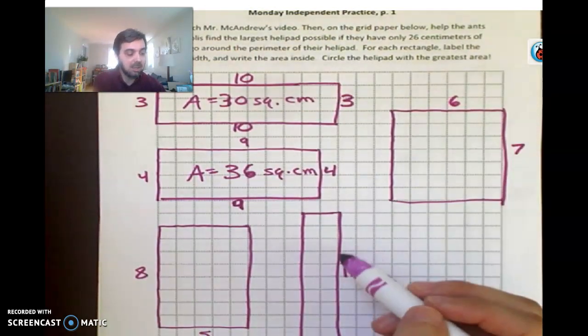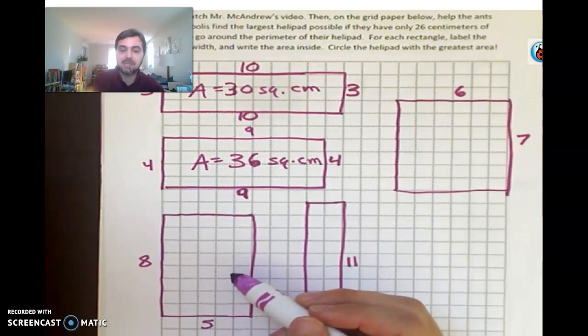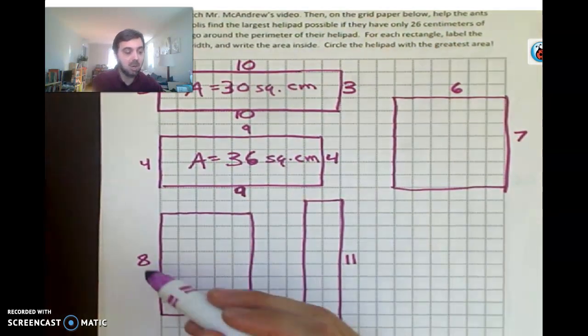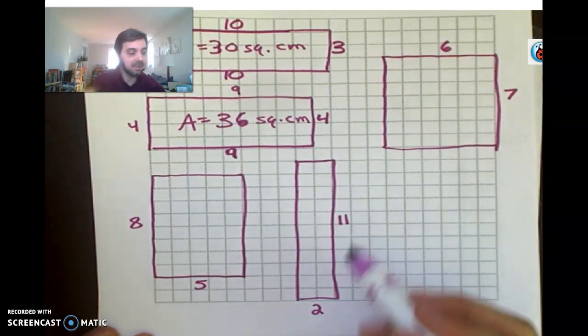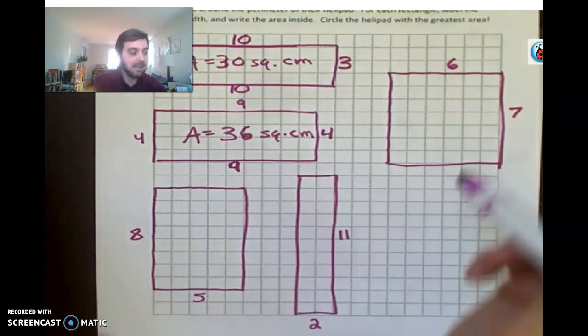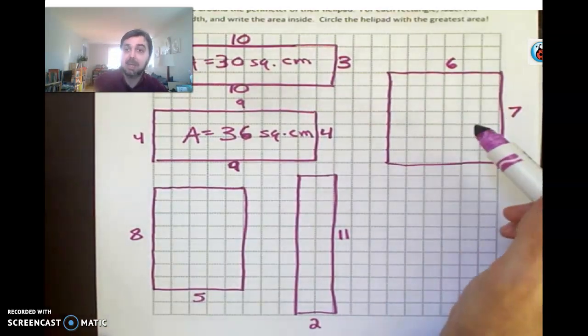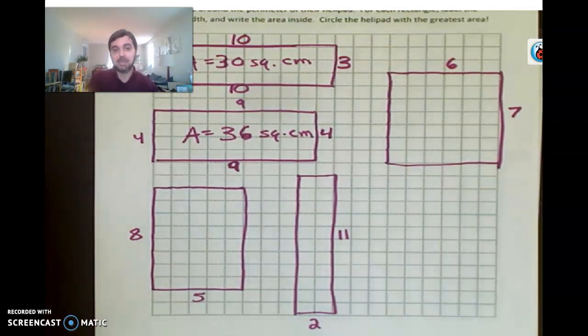I also found these. These all have a perimeter of 26 centimeters. Note that 8 plus 5 is 13, 11 plus 2 is 13, and 6 plus 7 is 13, and if I double that, I get 26. Let's find the area of these and see which helipad is the largest.